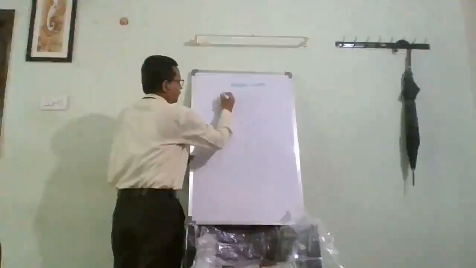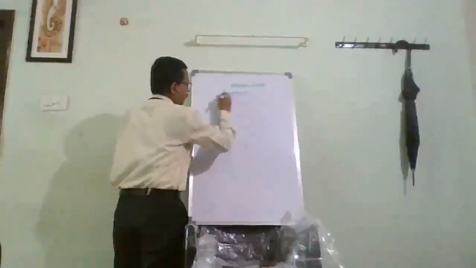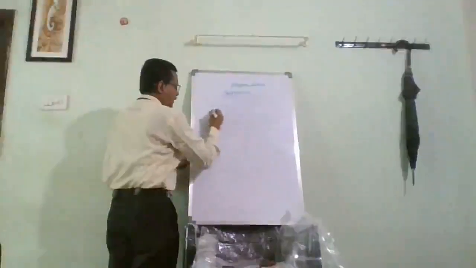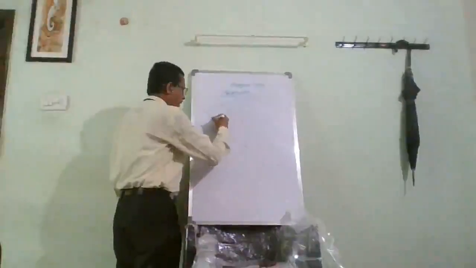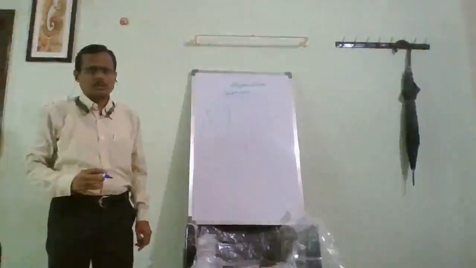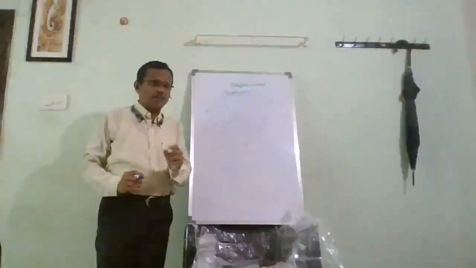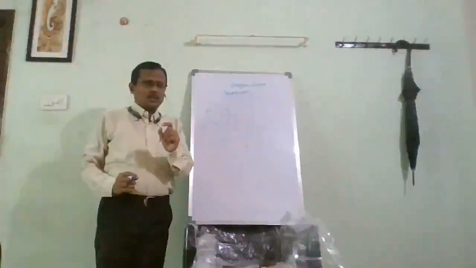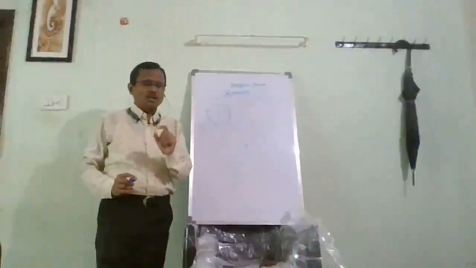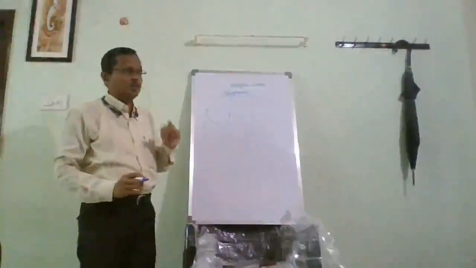The nephron. Here we go. The Malpighian capsule comprises a cup-like structure called the Bowman's cup. Since it was discovered by the eminent urologist Bowman, it is named after him as Bowman's cup.